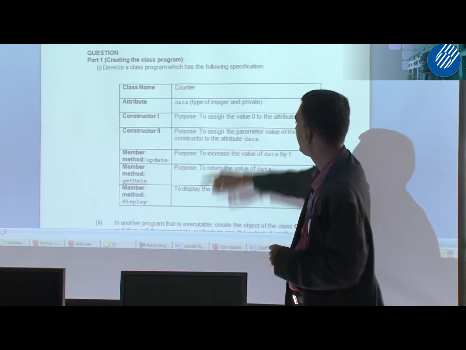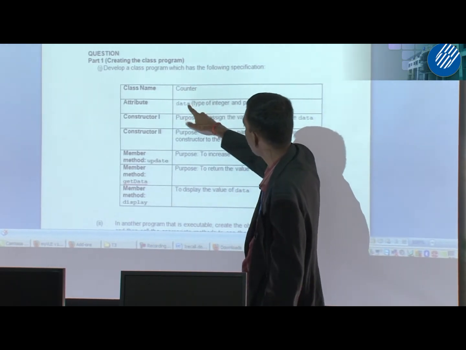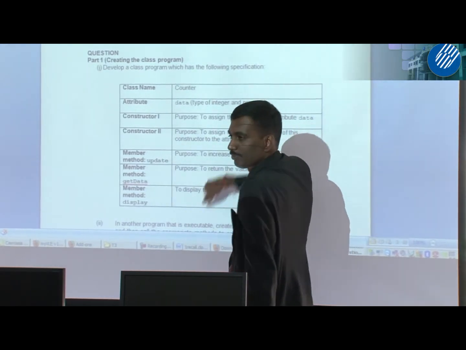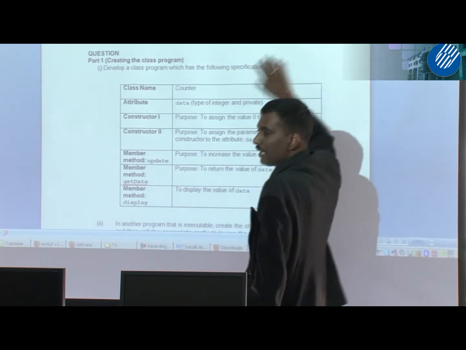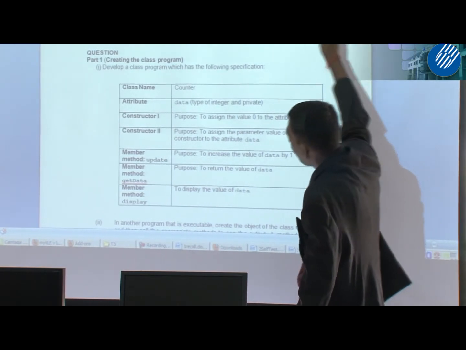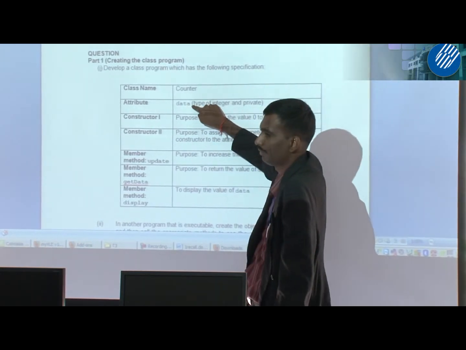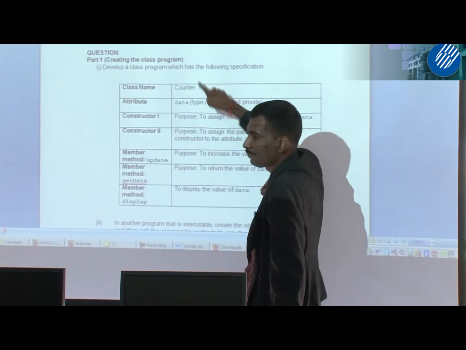Private means if you declare data as private, it is only recognized in class counter. Outside of class counter, it is not recognized. For example, if you have class customer and the object of class customer wants to call data, it cannot, because it's private.